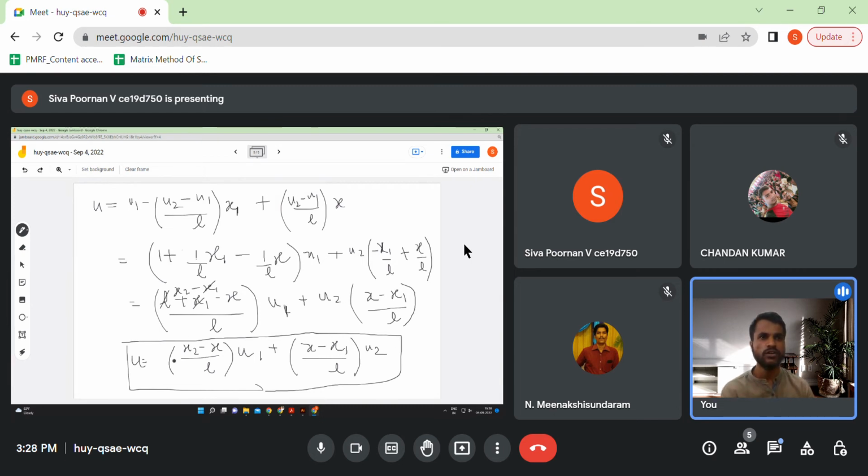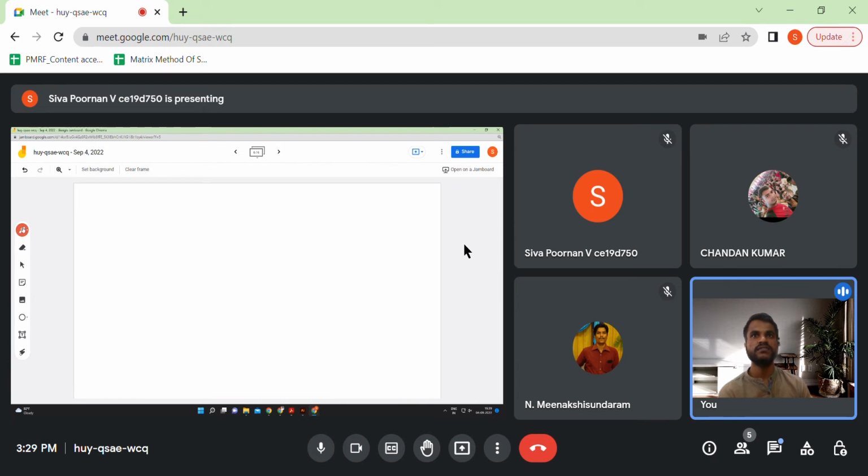So we'll just call this first coefficient as some n1. Okay, it's just a name that we are giving. So this whole thing we'll call n1, right? And similarly, we'll call this thing n2. Okay, so what we can write is u is equal to n1 times u1 plus n2 times u2.